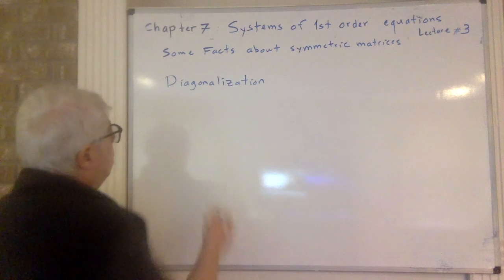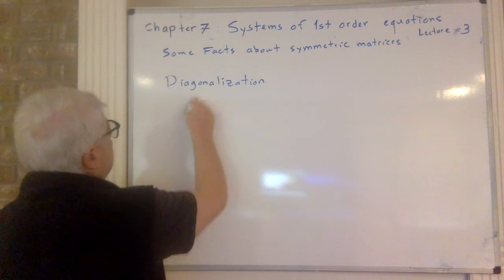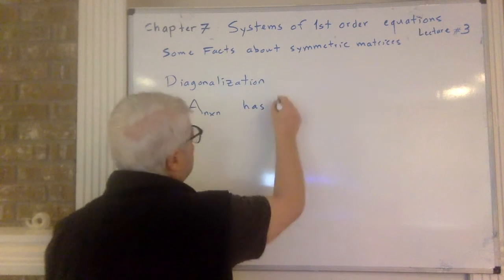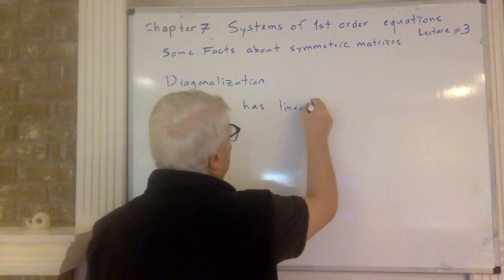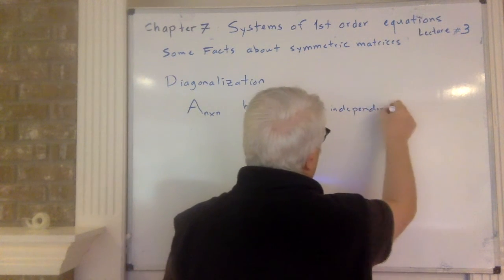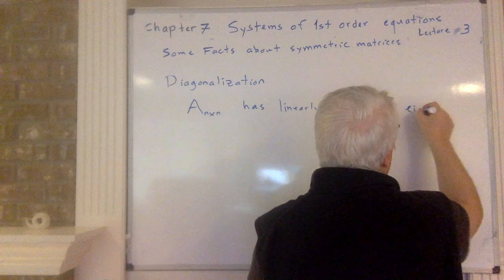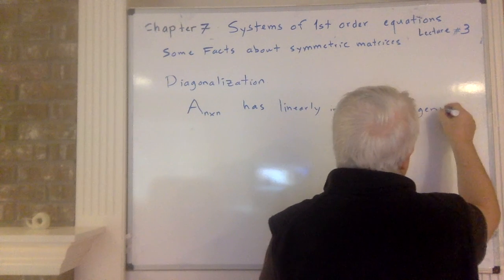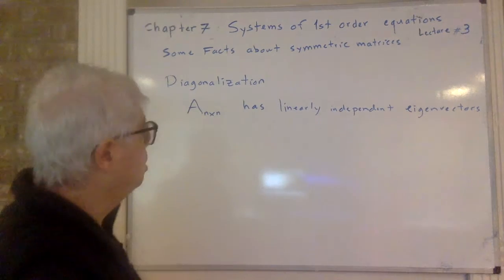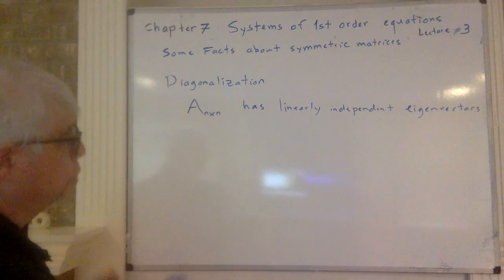So, if A is n by n and has linearly independent eigenvectors, I'm not saying orthonormal. Most nice matrices have this property, but not orthonormal, there's no way.